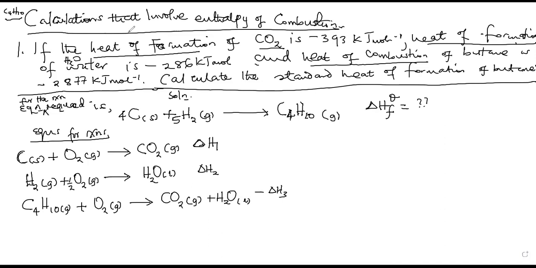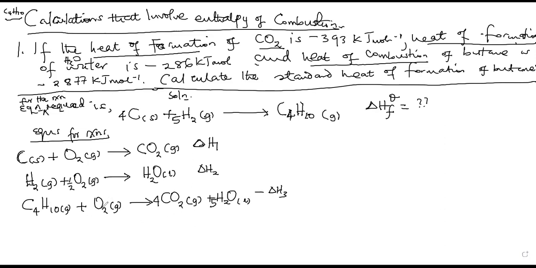So if I'm to balance the product side, carbon is 4, but this side I have 1. So allow me to put here a 4. Hydrogens are 10, but here I have only 2 hydrogens. So allow me to put here a 5.